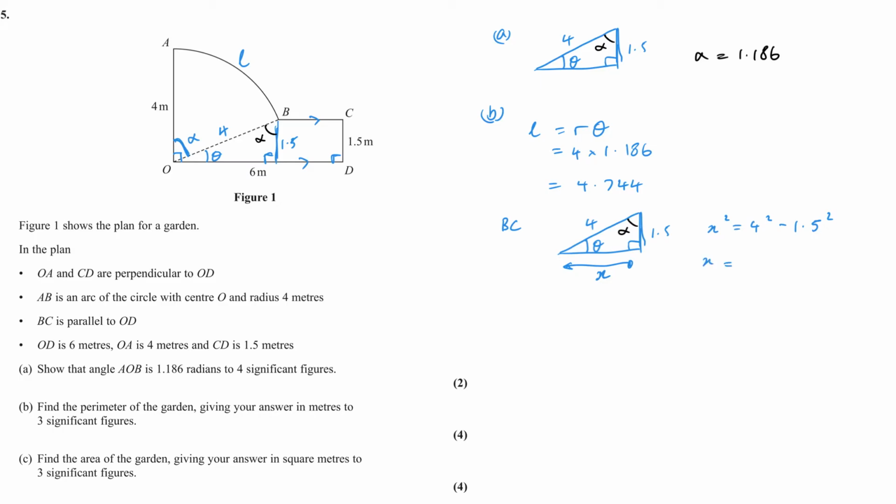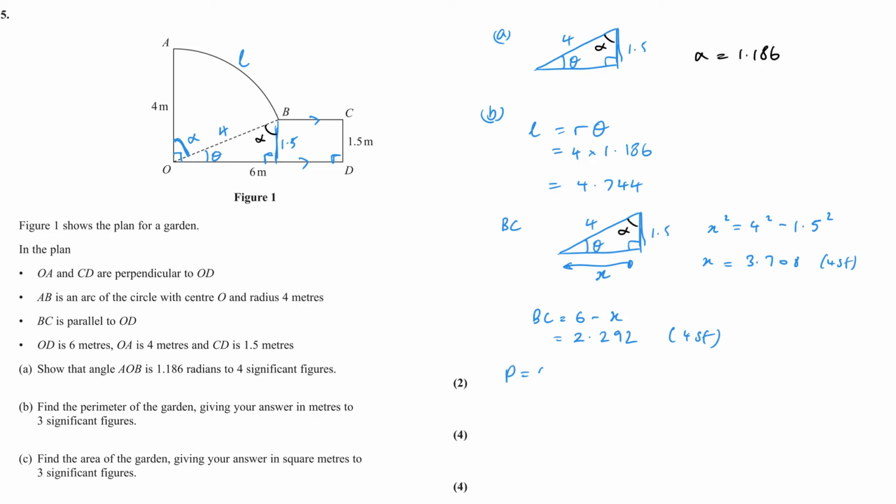So x is 3.708 to 4 significant figures there. So BC is 6 minus x. So 6 minus x is 2.291. Now 2.292 to 4 significant figures.